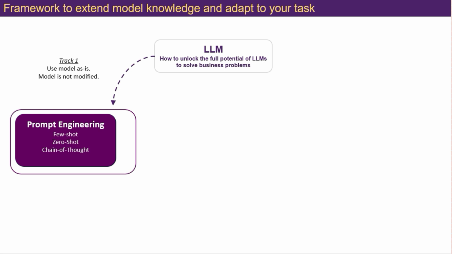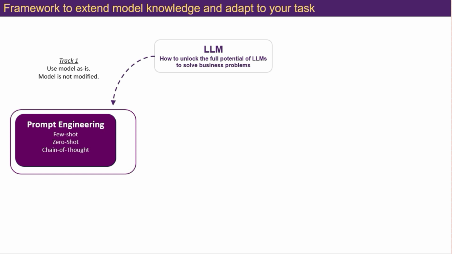You use a technique called prompt engineering where you are essentially crafting a prompt with examples, giving guardrails in a manner to instruct the model to execute your requirement. Okay, so the benefit of this is you can do fast experimentation, it is low tech, you can fail fast, and the model is not modified. All right, so this is track 1.